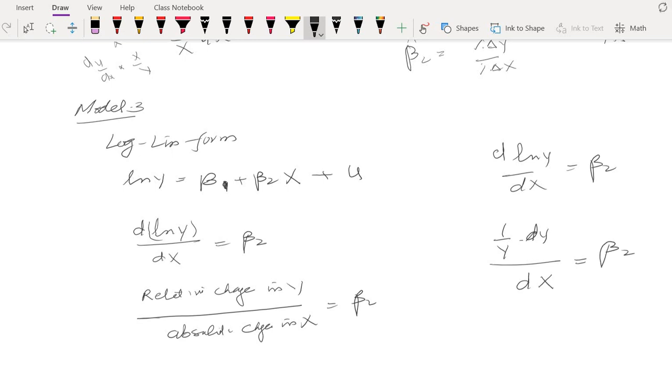So the numerator is a relative change and the denominator is an absolute change. This is the meaning of the coefficient in this model. I just wanted to see what is meant by beta 2. So beta 2 is nothing but the relative change in y over the absolute change in x. If I multiply it by 100, that becomes the growth, right? Because dy over y into 100 is the growth rate of y over the absolute value of x, which is equal to beta 2.